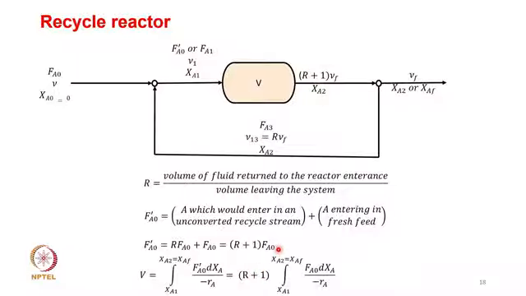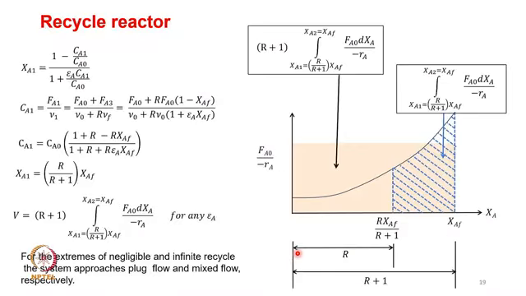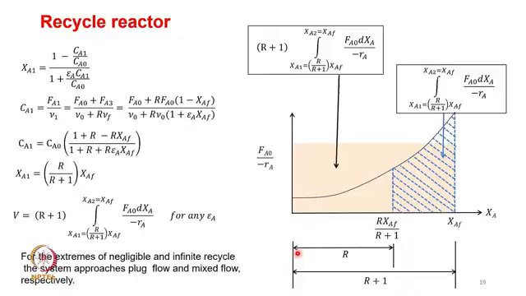Now let us assume that during this process, there are changes happening: the volume of the process fluids or even gases is increasing, and there is also a density change. In that condition, XA1 may be evaluated as 1 minus CA1 by CA naught, divided by 1 plus epsilon A, which corresponds to the expansion.